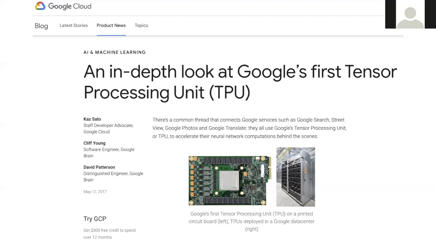Yeah, I was actually just curious what a TPU is. Okay, so you guys heard about TensorFlow, right? The tensor processing unit is an AI accelerator that focuses on accelerating important key operations in TensorFlow.